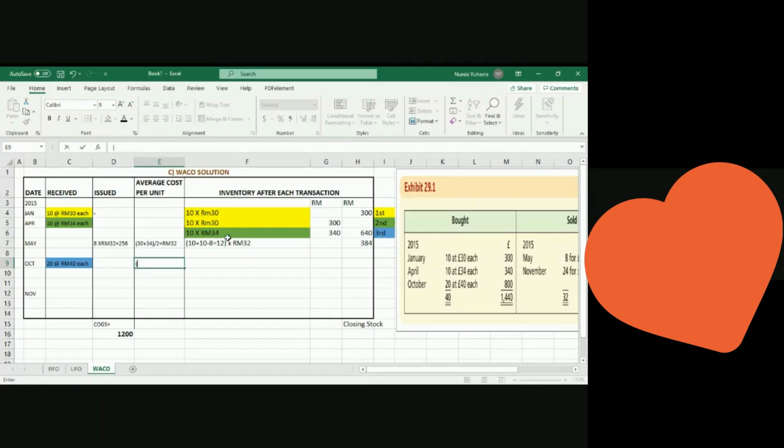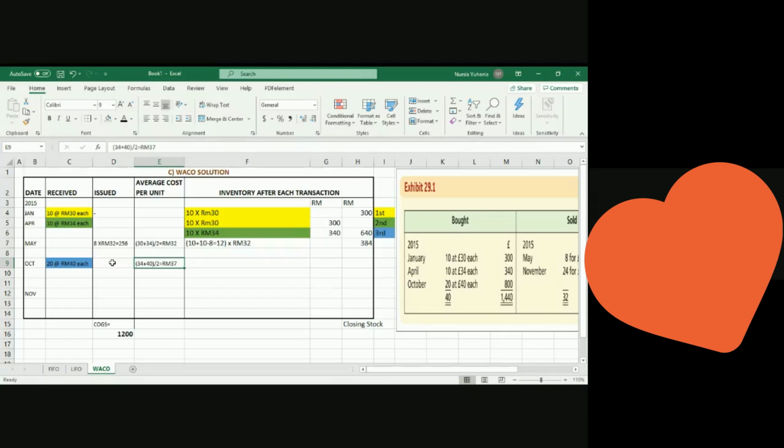Before you calculate the average price, what is the price? Which is 34. So this 34 you need to add to the current price, 40, then divide by 2. Then you get 37. Yes.